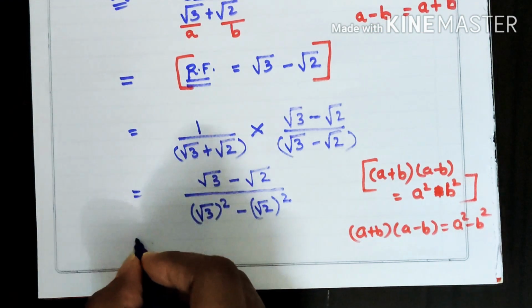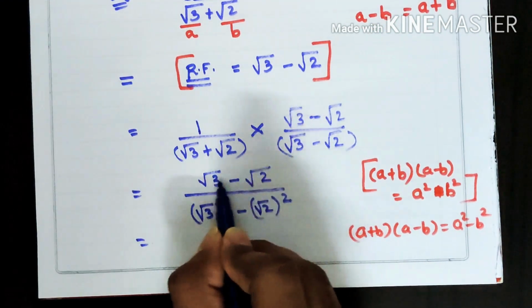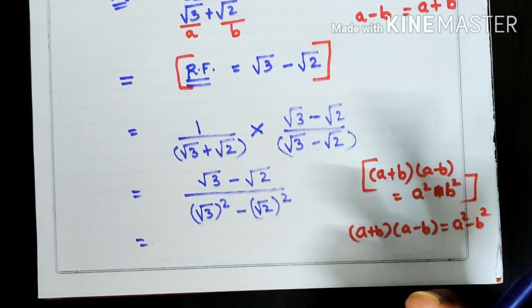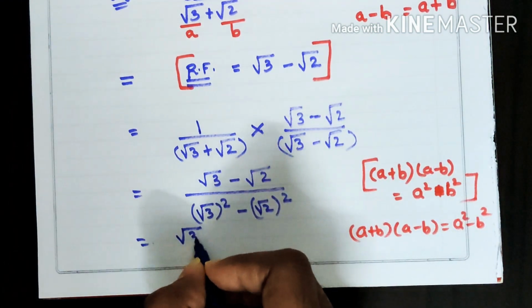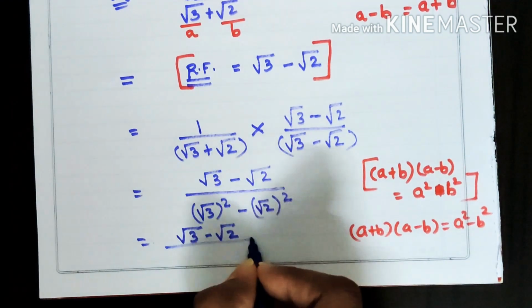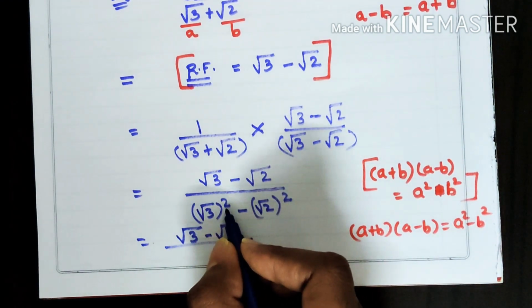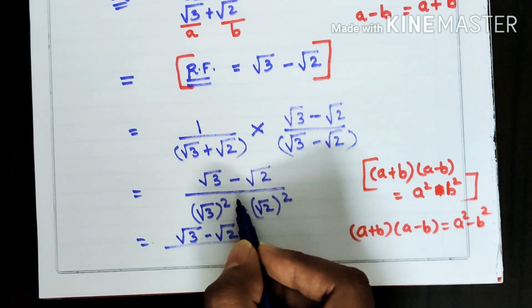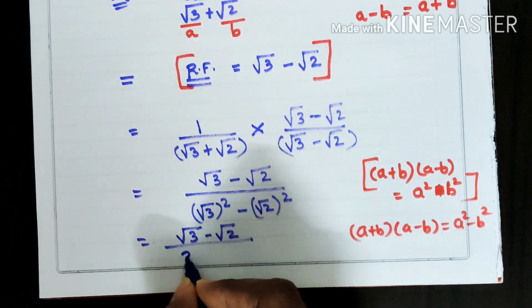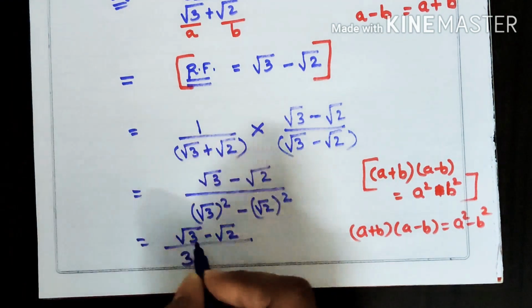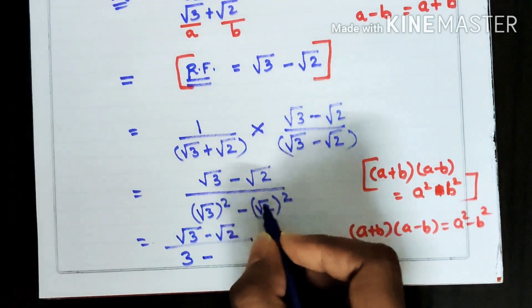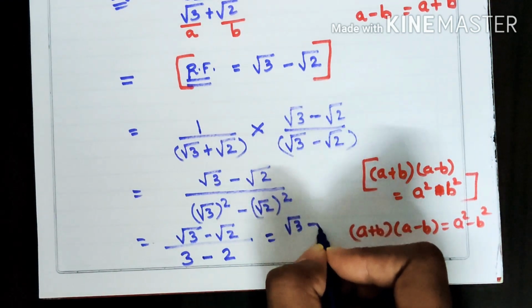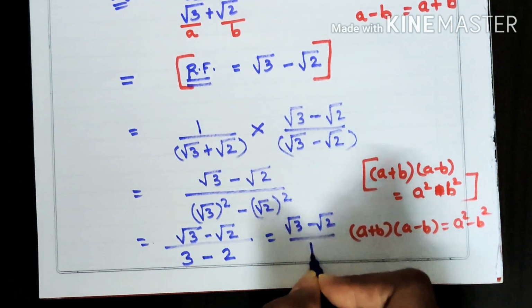In the numerator, both these terms are unlike terms, so we cannot perform any further calculation. It will remain as it is. And in the denominator, root 3 square: I have told you, whenever a number under a square root is squared, we get the same number. So we get 3, minus root 2 square, which is 2. So root 3 minus root 2 upon 1.